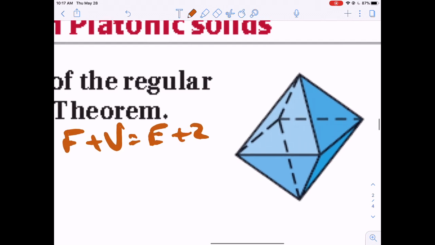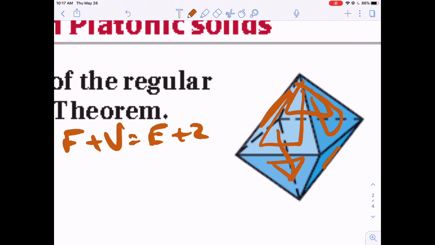The faces are all the flat parts. You can see there's a pyramid on top. There's a surface, 1, there's one on there, 2, one in the back, 3, and one over here on the left, 4 faces. And on the bottom, there's the same 4 faces, but upside down. So there's 1, 2, 3, and 4. So this is 8 faces.